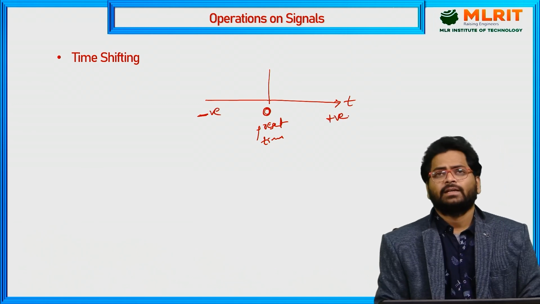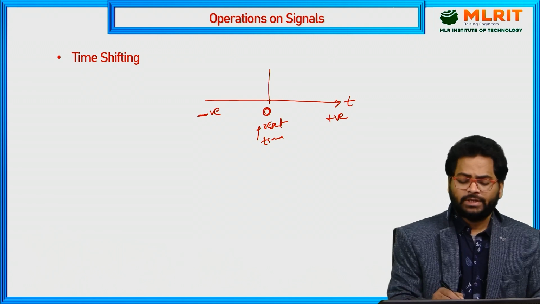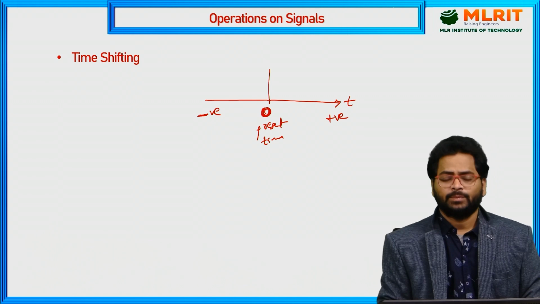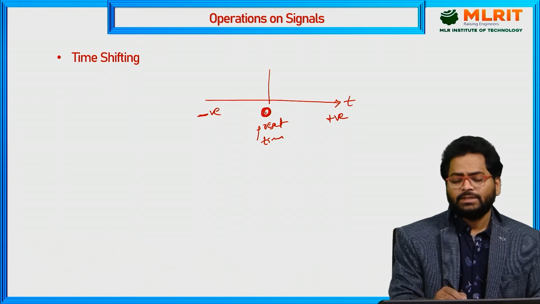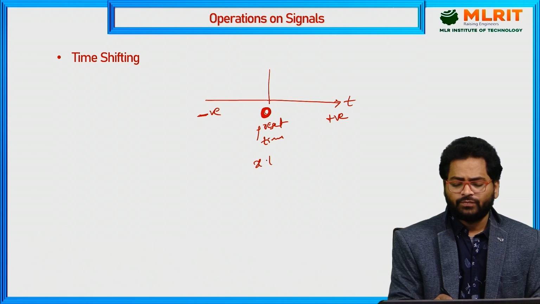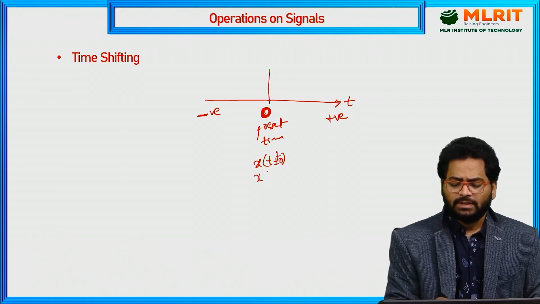Let me explain this with a small example, a train. Take 0 as the present time, the exact scheduled time. If the train reaches exactly on schedule, I take it as x of t plus or minus t naught.